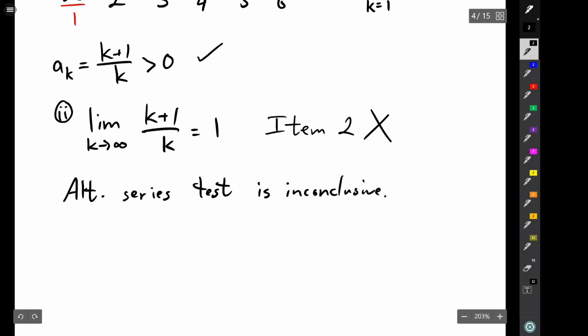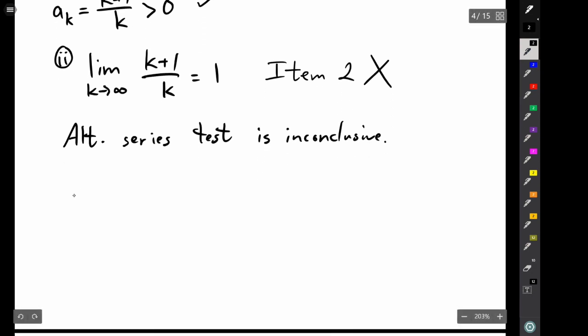However, can we still say anything at all about this? Well, the limit of this overall, that limit doesn't exist. If we look at the overall limit, this thing here does not exist.